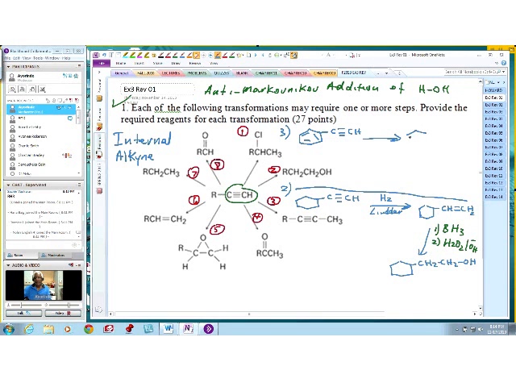They want us to make this. Okay, anybody has an idea what reagent we need? We need to form a new carbon-carbon bond. Excellent, excellent.